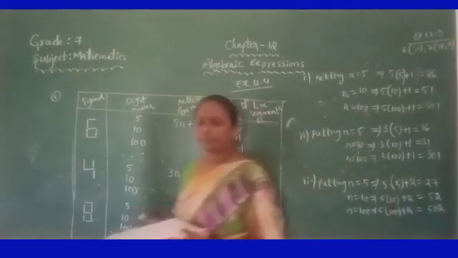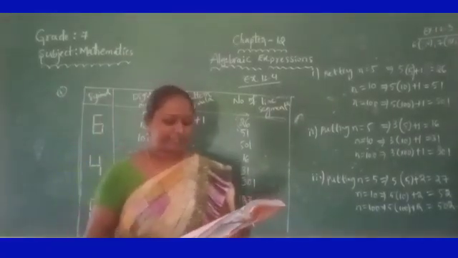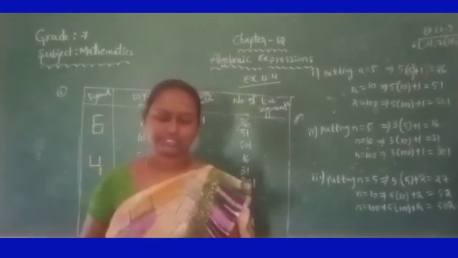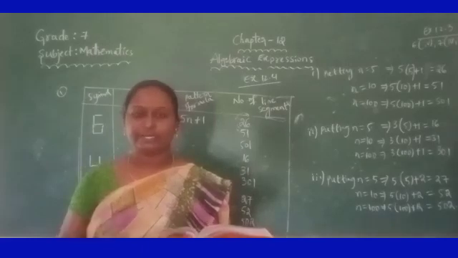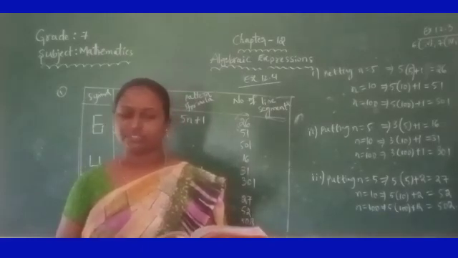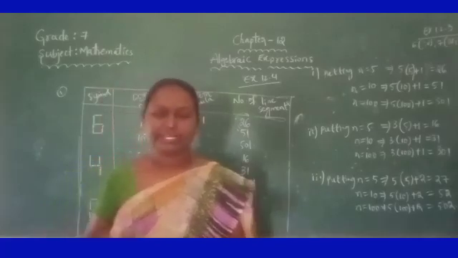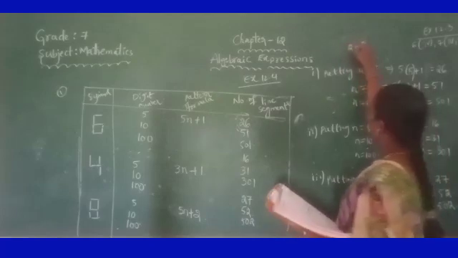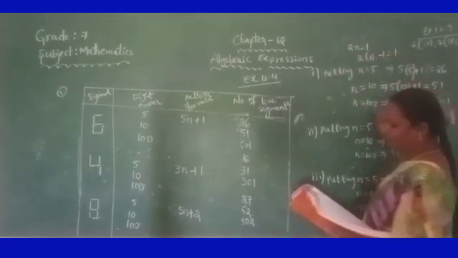Okay, now children, let's see the second one. Use the given algebraic expression to complete the table of number patterns. Here the expression is 2n minus 1. The number of terms is given: first term, second term, third term, fourth, fifth and so on, up to the 100th term. If you take 1 term, you get 1.